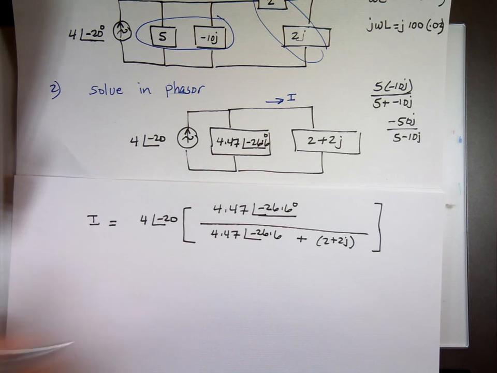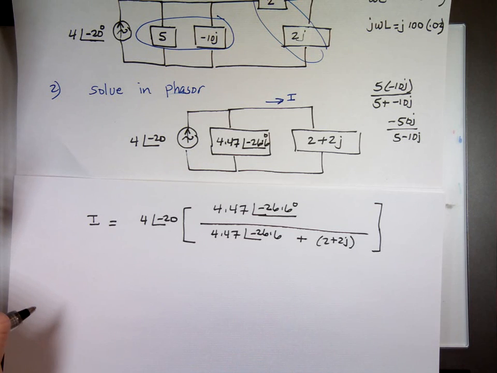So I got a number here. 4 angle negative 20 times 4.47 angle negative 26.6, divided by 4.47 angle negative 26.6 plus 2 comma 2.